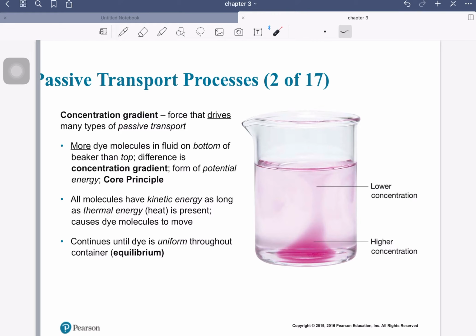Now, all molecules have that energy type which we call kinetic. And as long as thermal energy is present, we have the ability for random motion of these molecules. Not surprisingly, given enough time, if you randomly allow molecules to move, they'll disperse themselves over an area.